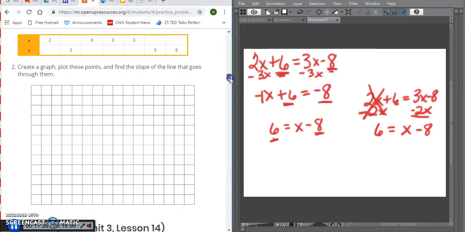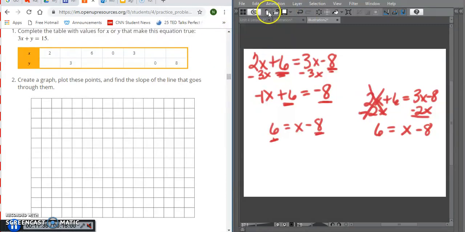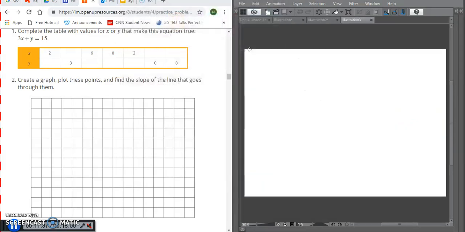All right, and then number 4. Problem number 4 gives you this chart, and it also gives you this equation, and they want you to find the missing numbers basically. So all you have to do is plug and chug. So if my equation is 3x plus y equals 15, and I have this chart of numbers, I know x is going to be 2. When I plug in x, I can figure out what y is.